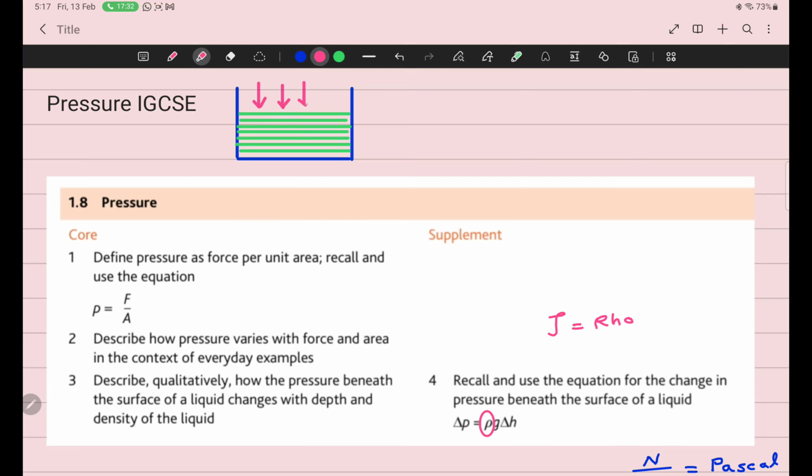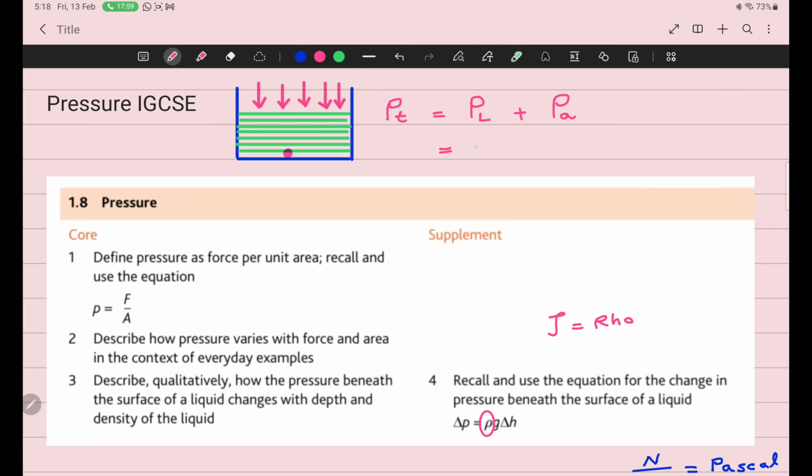Our Earth is surrounded by air, and the pressure of air is called atmospheric pressure. So if I ask you what is the total pressure at this point, you should note down this formula. Sir, total pressure is equal to pressure of liquid plus atmospheric pressure.